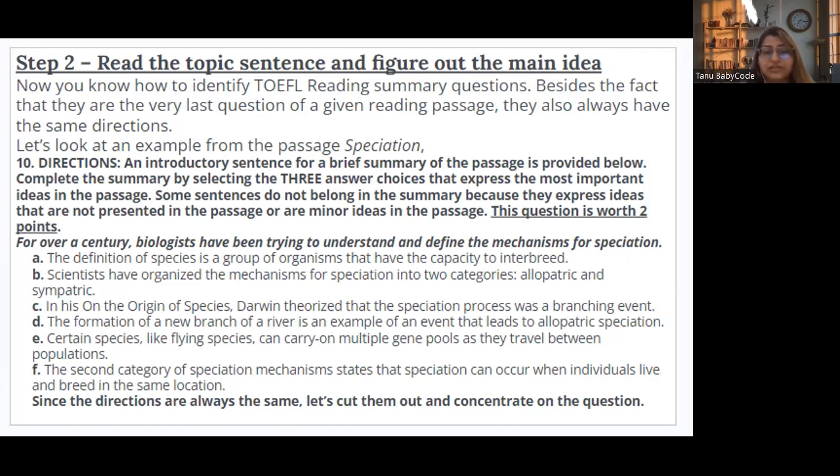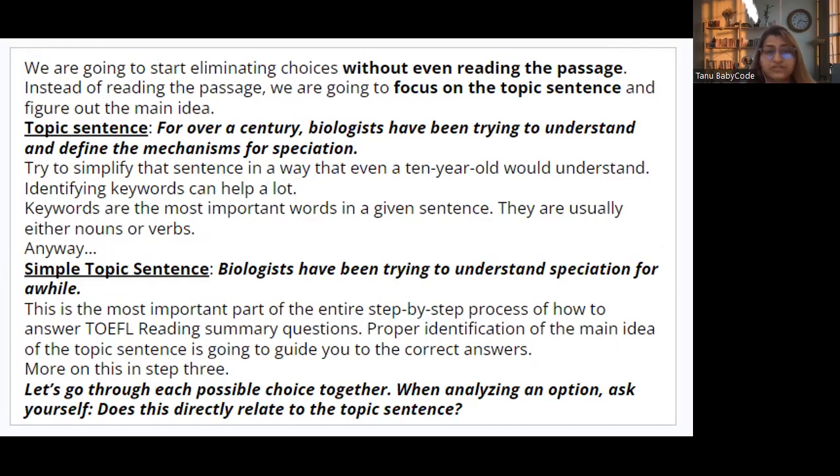What we'll do is eliminate the choices without even reading the passage. Instead of reading the passage, we are going to focus only on the topic sentence and figure out the main idea. The topic sentence says, for over a century, biologists have been trying to understand and define the mechanism for speciation.